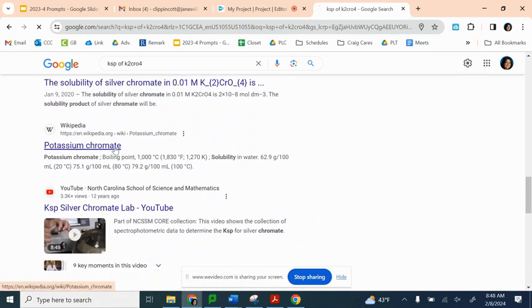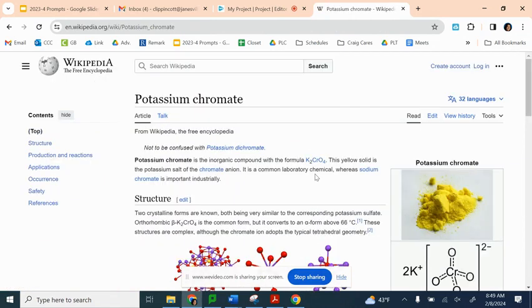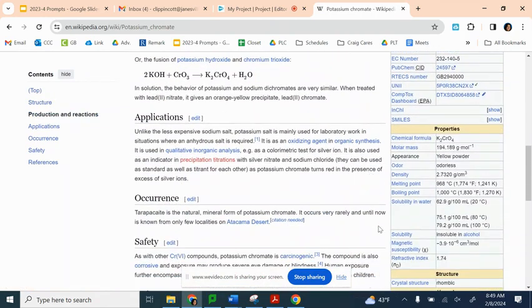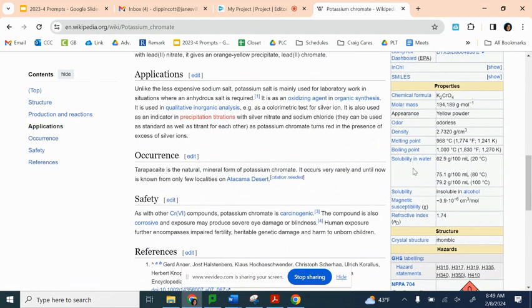Here we go. Yeah, it's soluble in water.